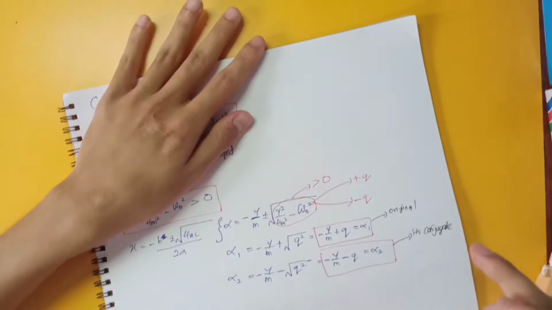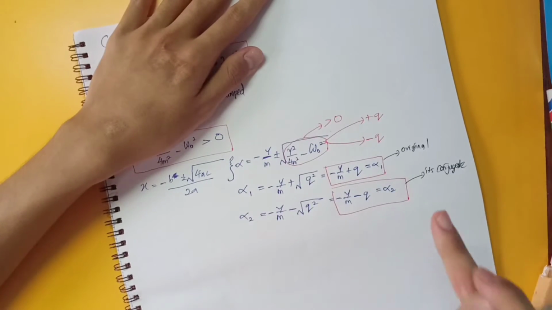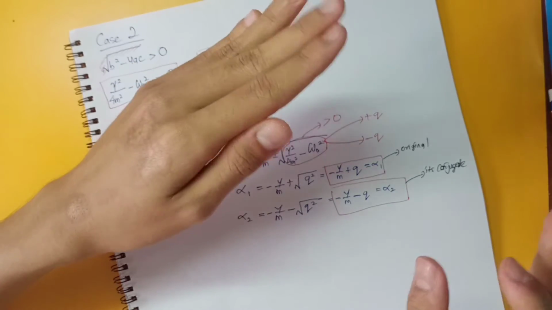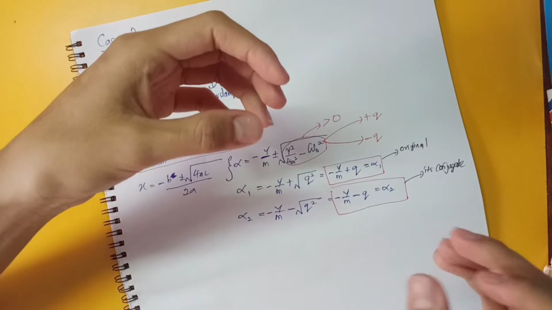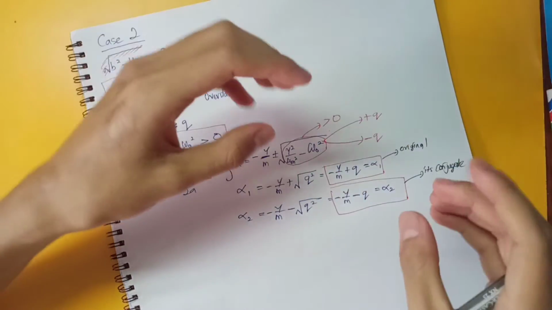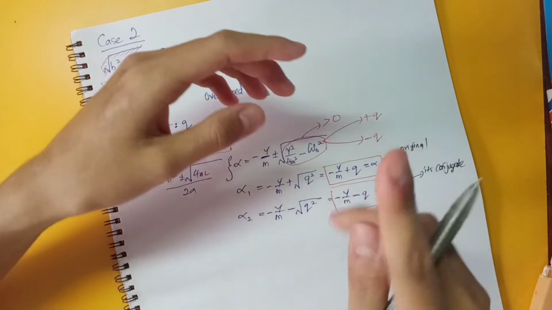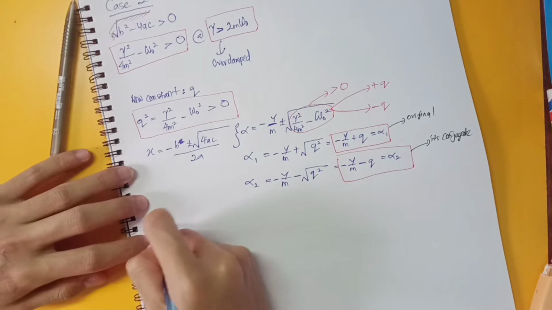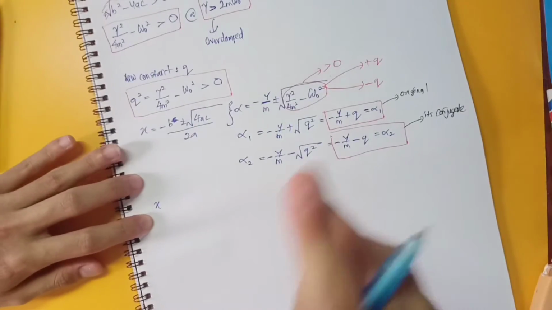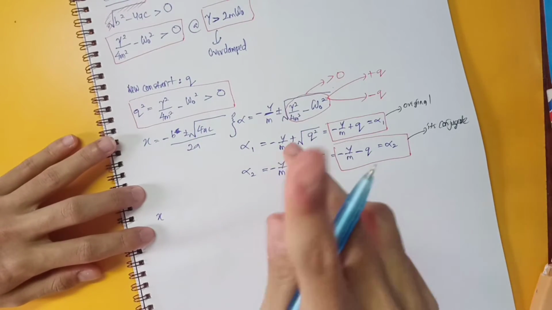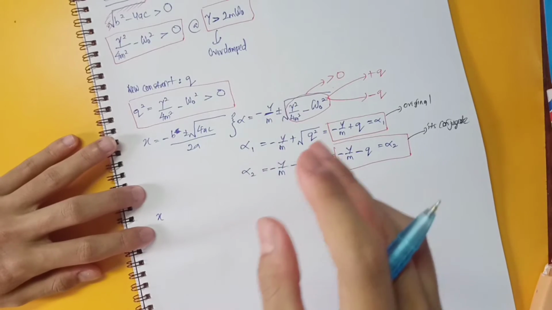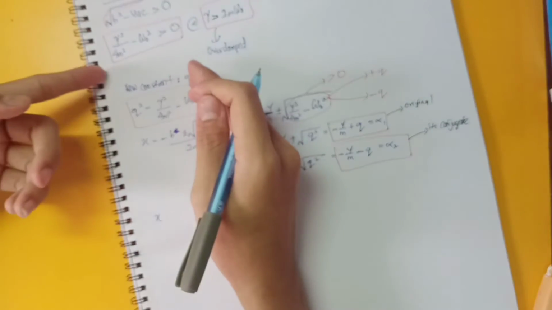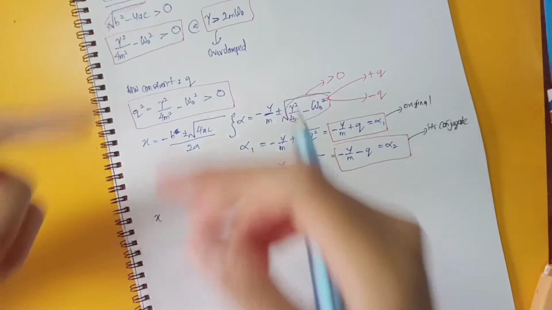Since we have the original form and its conjugate, we can form one solution. The purpose of doing this is to find the solution for displacement. How do we calculate displacement for this case?